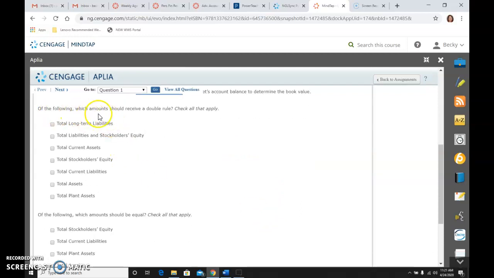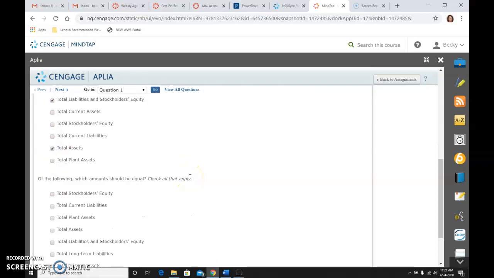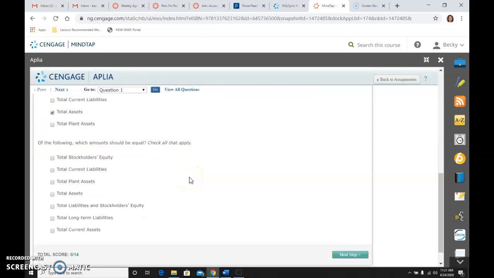And then it says of the following, which amount should receive a double rule. So I put a double rule under total assets, and I put a double rule under total liabilities and stockholders' equity. And which amount should equal, back to our all-important accounting equation, that assets have to equal liabilities and stockholders' equity.